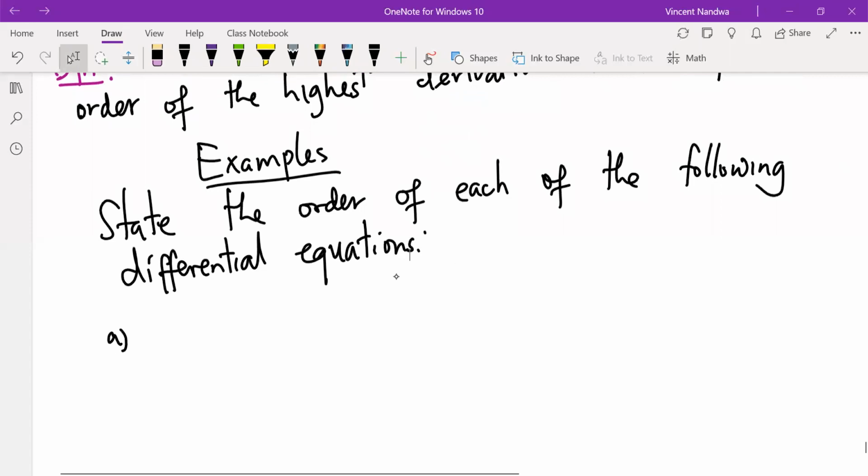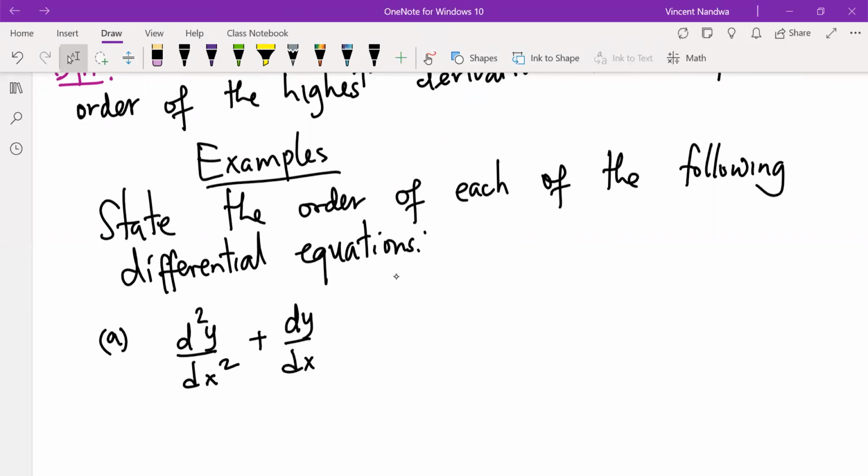A, d squared y/dx squared plus dy/dx equals x. B is dx/dt equals x t to the power 6.